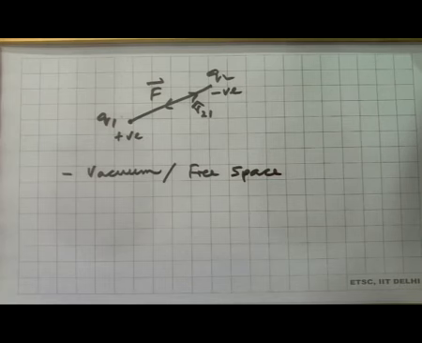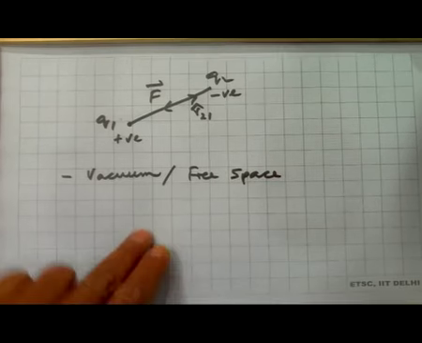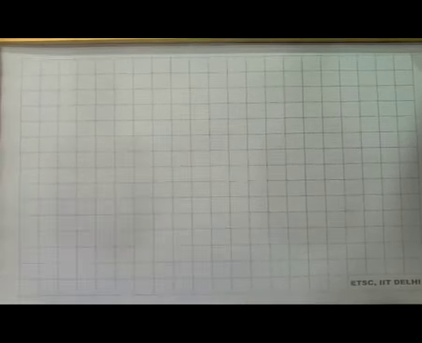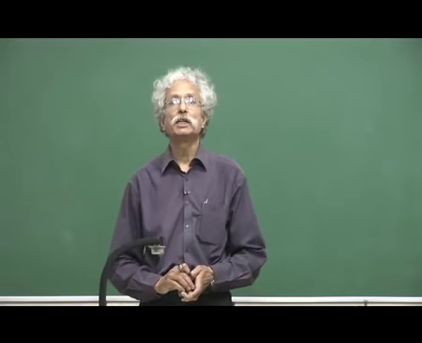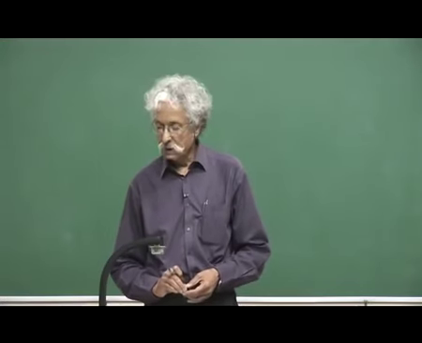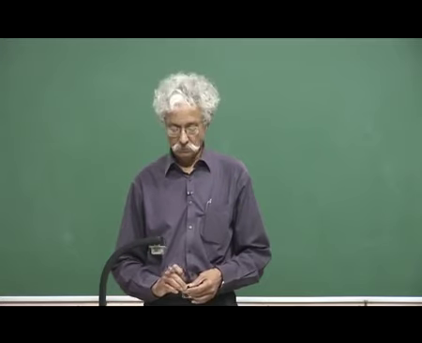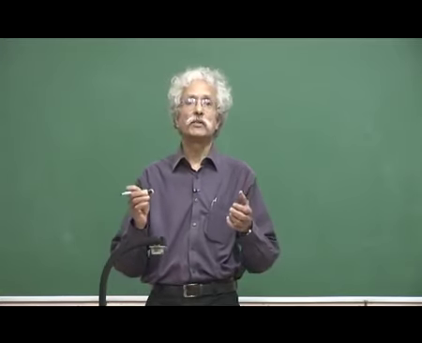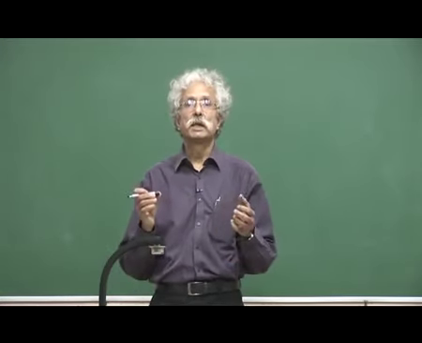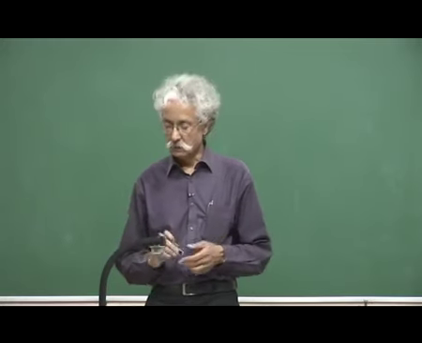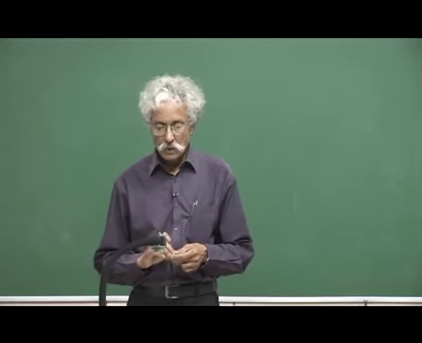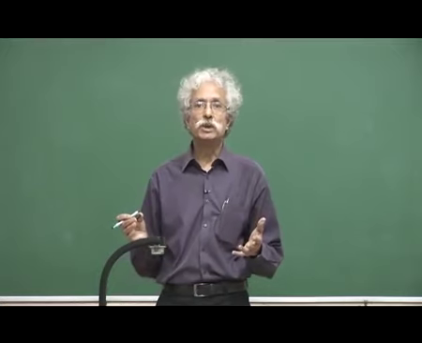Let me calculate, just to give you an idea of the relative magnitude of the electrostatic forces and gravitational forces. Gravitational force is always attractive, electrostatic forces can be attractive or repulsive. So, both are different kinds of forces.